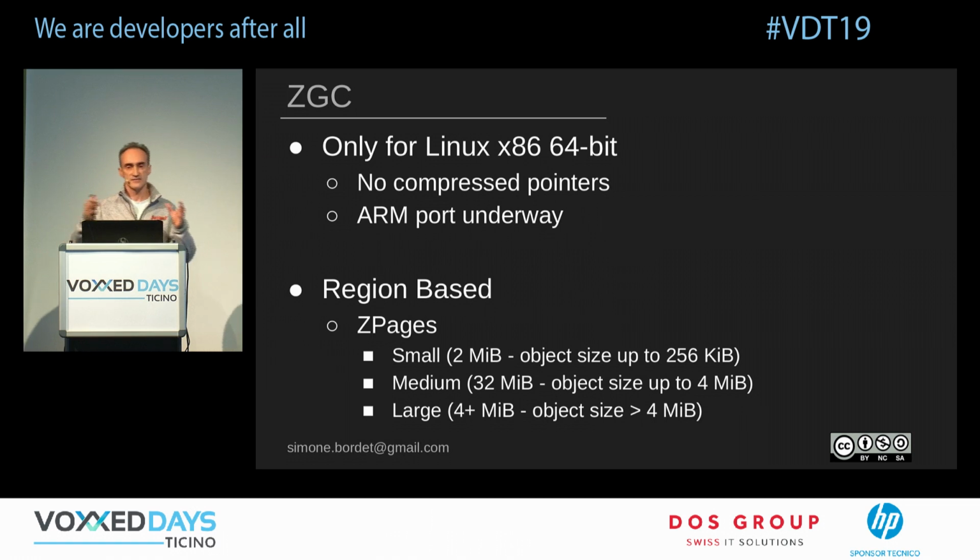It is based on regions. So it divides the heap into regions that in ZGC are called Z pages. There are 3 kinds of them, but you can imagine that basically the single generation that ZGC allocates is divided into these regions. And the way that ZGC compacts the heap is basically this. It allocates in one region, then eventually some of the objects allocated in that region will be dead.